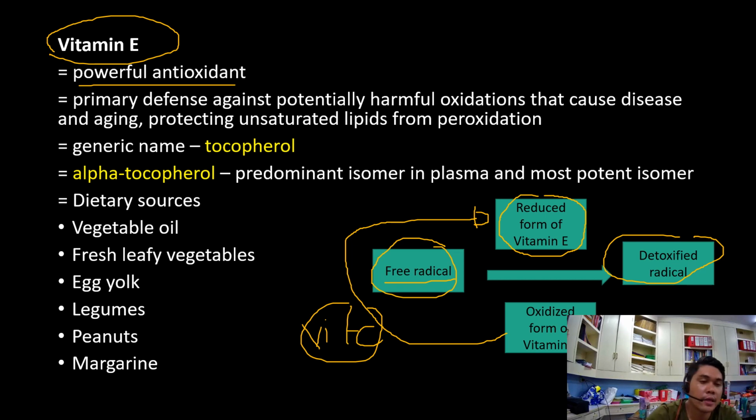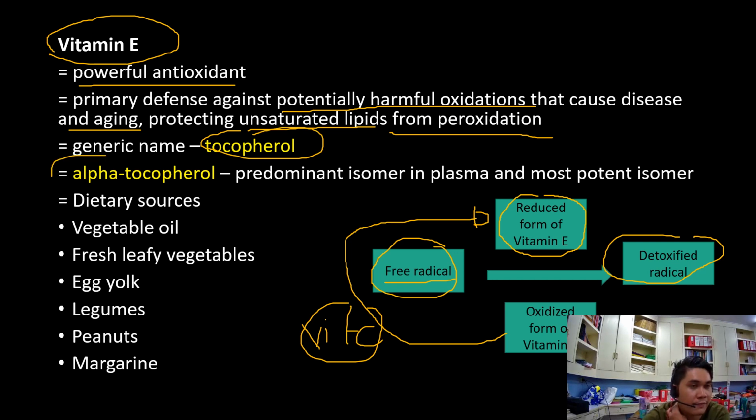Next, it is a primary defense against potentially harmful oxidations that cause disease and aging, and protects unsaturated lipids from peroxidation. The generic name of vitamin E is tocopherol, and the predominant and most potent isomer is alpha tocopherol.